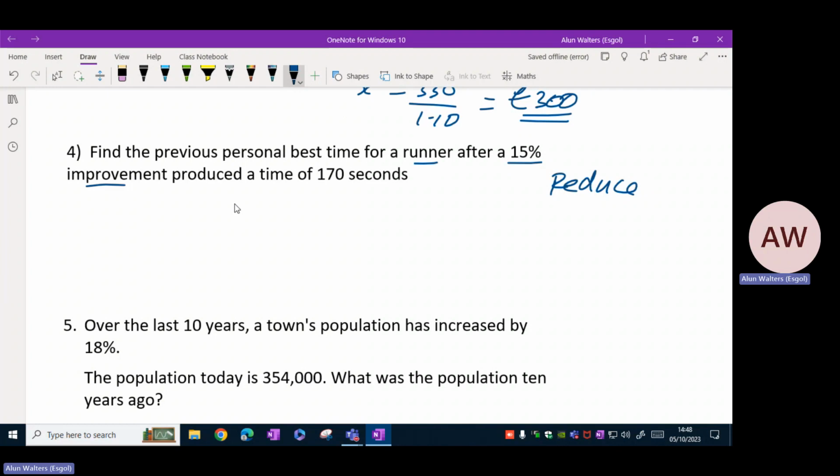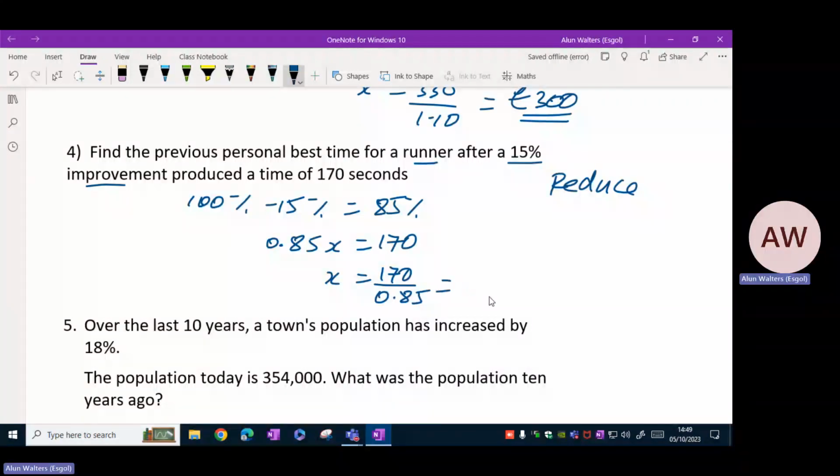So I'm going to start with 100%, take away 15% is 85%. The multiplier is 0.85, so we say 0.85 times the original value is 170 seconds. Rearrange it, 170 divided by 0.85, and we end up with 200 seconds.